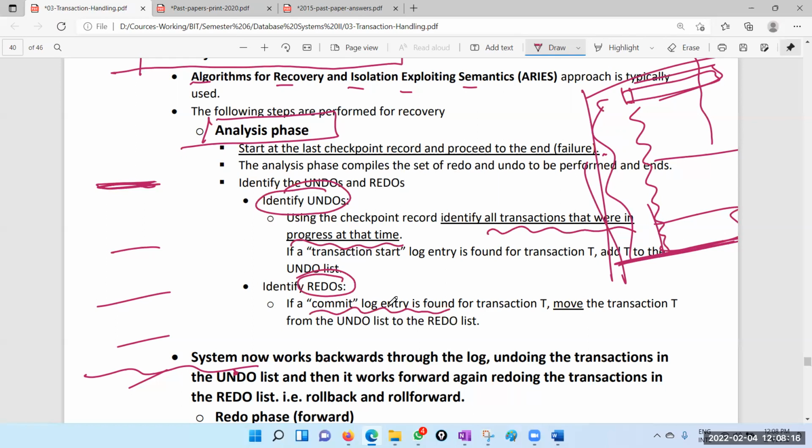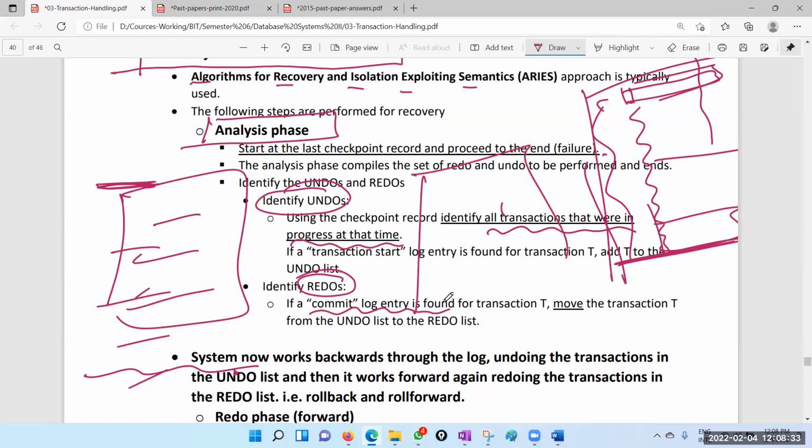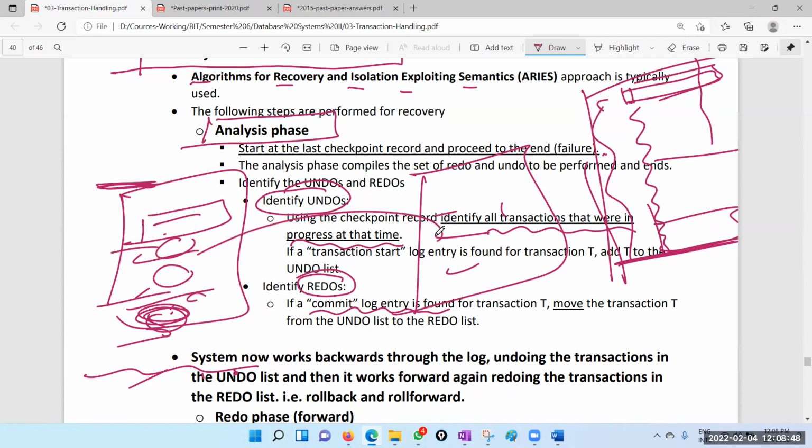Okay, that is how we do it. We first create an undo list, then we create a redo list. In the redo phase, we move certain items from the undo list to the redo list. If it is related to a committed transaction, because you see that it is committed after some time as you keep moving, and it is in the undo list, we move those activities into the redo list, because committed transactions we have to redo.